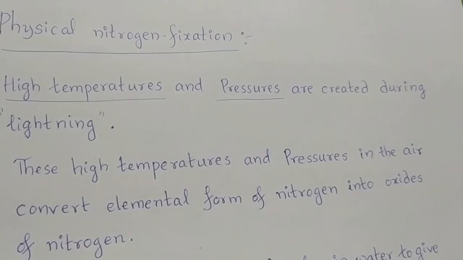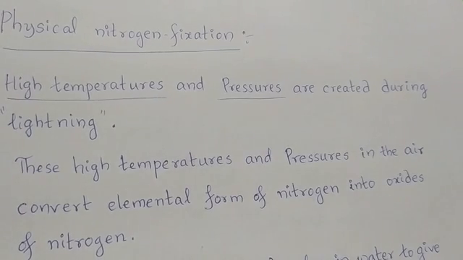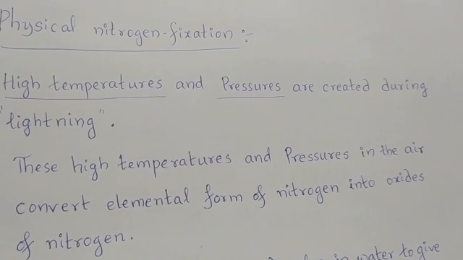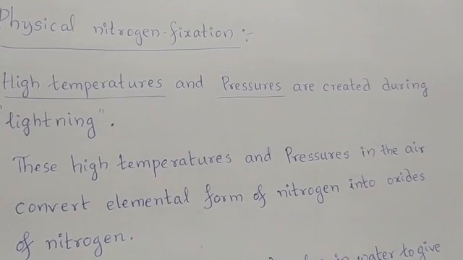Heavy amounts of electricity falling from the sky onto the earth during storms. During the storms, big sounds of thunder and heavy voltage lightning come from the sky onto the earth. Due to this lightning, high temperatures and pressures are created in the air.